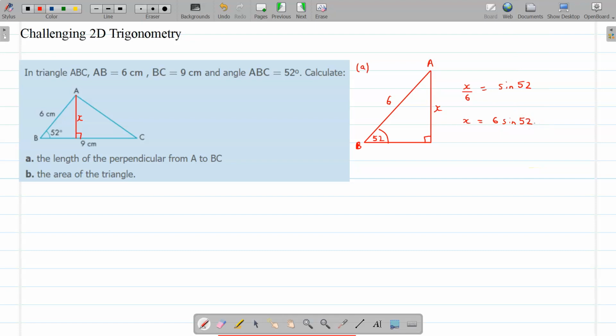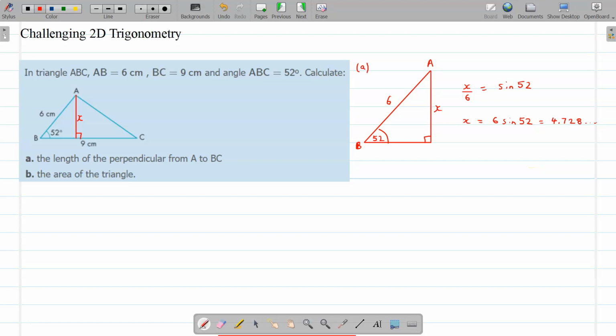Making sure the calculator is in degrees, if we put that into the calculator, that gives us 4.728 to 4 significant figures, and then it goes on after that.